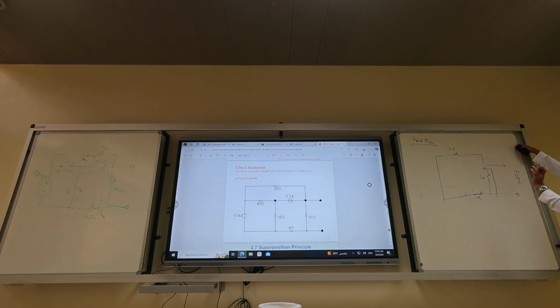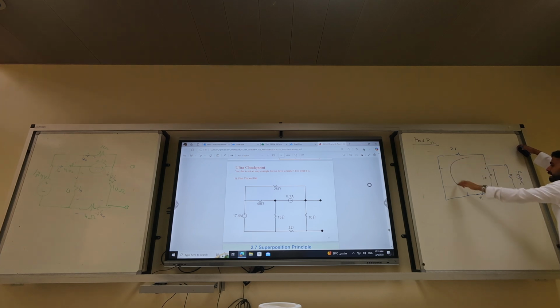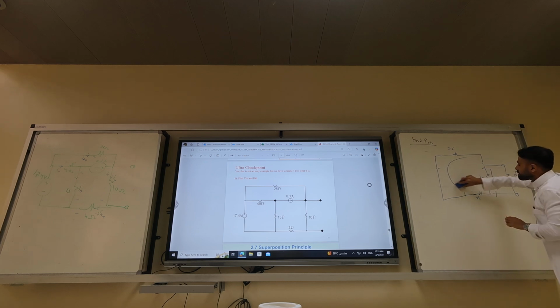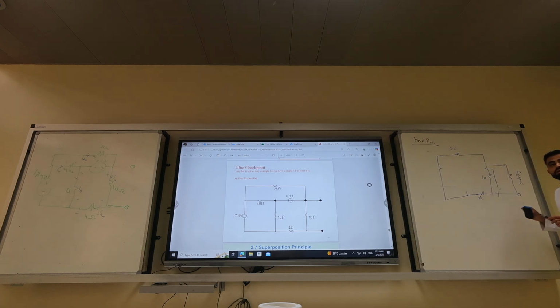If you connect any load here, the current will go here and then it will split. The key here is that when you look at our equivalent, you have to assign 2 terminals to look from.